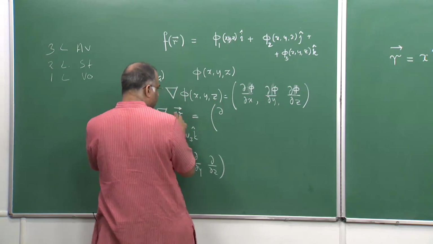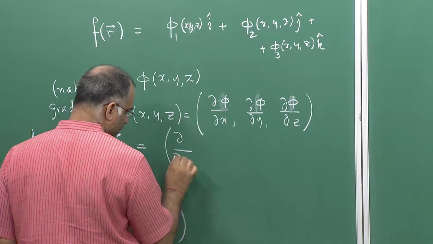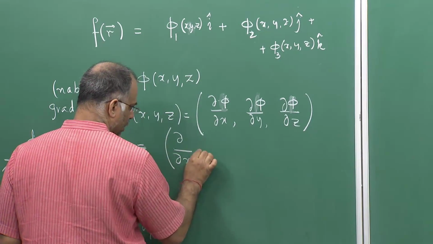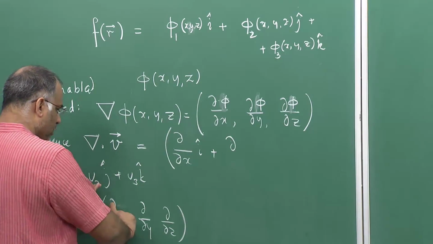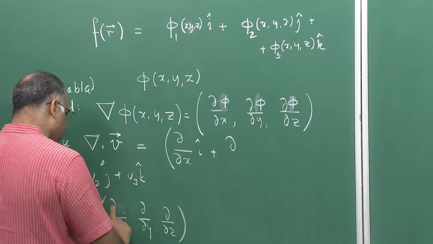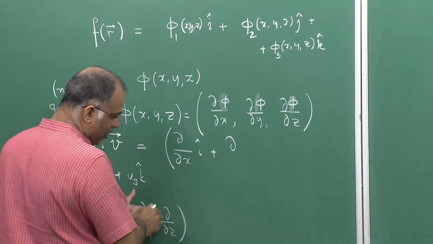Basically, we are looking at the dot product of 2 vectors, and we do the operation like this. These are the components, the coordinates of a vector. That can also be written as del x i plus del y j plus del z k.